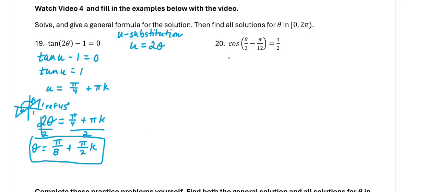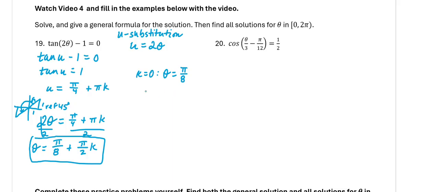If they ask you for the general solution, you're done. Yay. If they want all the solutions in 0 to 2 pi, then you have to start seeing, well, what if k equals 0? What if k equals 1, 2, 3, and keep going? So we're going to do that next. So let's say that k is equal to 0. Okay, well then theta would just be pi over 8. So theta equals pi over 8. And see, that is in the circle 0 to 2 pi.